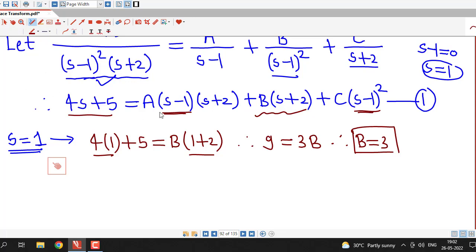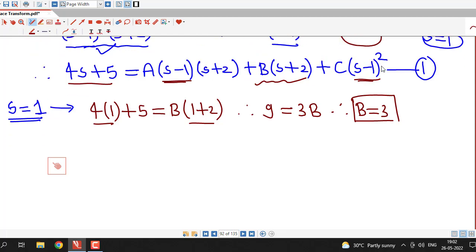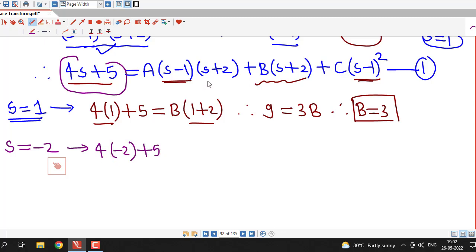Now we take s equal to minus 2. Another linear factor is s plus 2. So we put s equal to minus 2 and see which constant we obtain. Here I have 4 into minus 2 plus 5, and the terms containing s plus 2 will become 0.